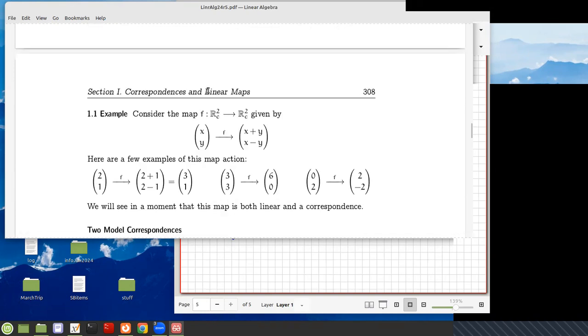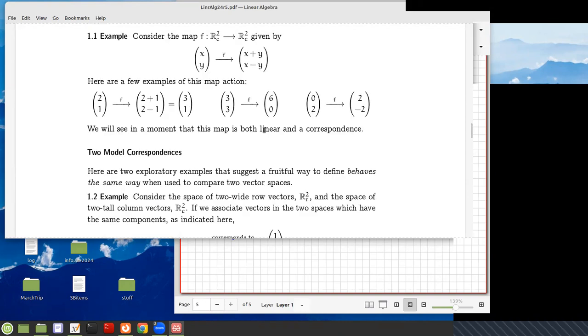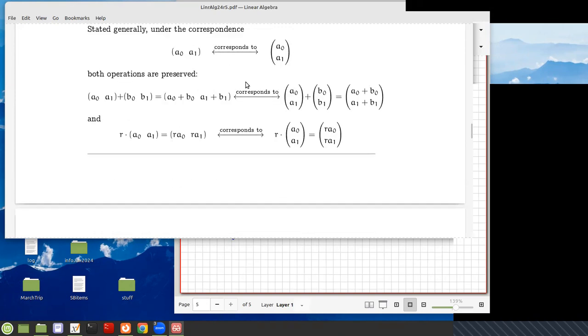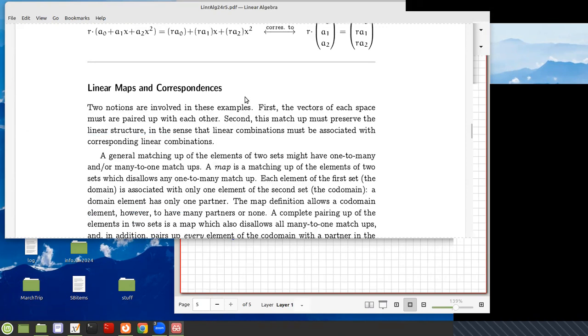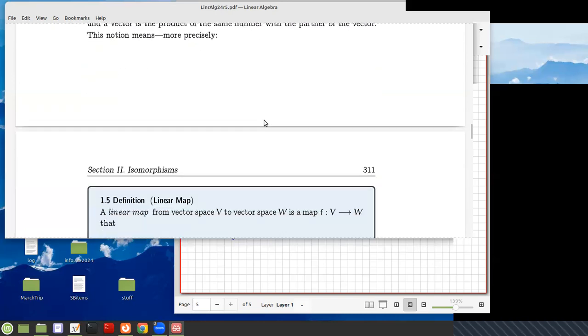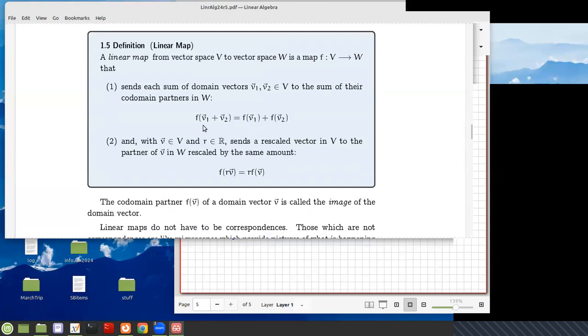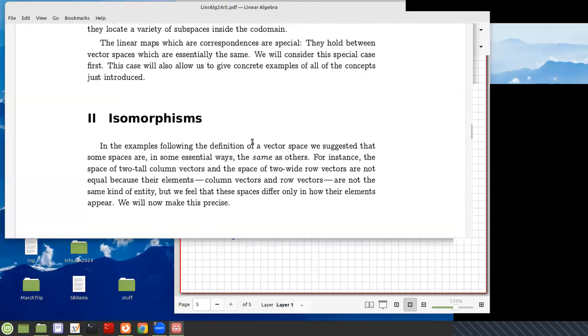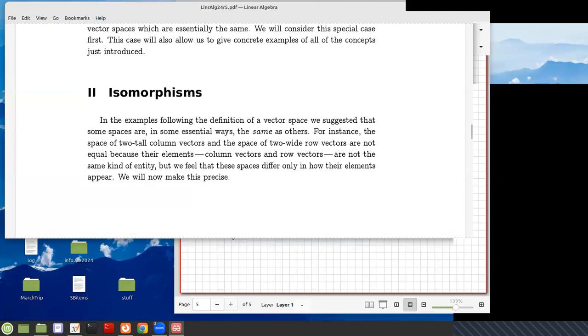A correspondence is a map between two sets that's 1 to 1 and onto. This is reviewing that. Here's the definition of a linear map. Now, an isomorphism is a linear map that's both 1 to 1 and onto.